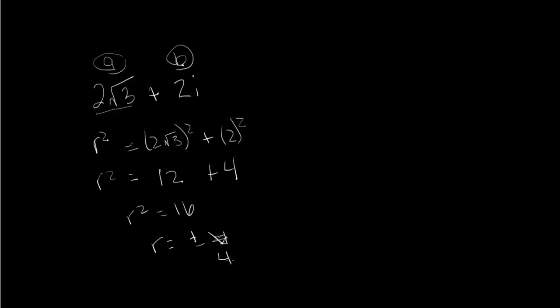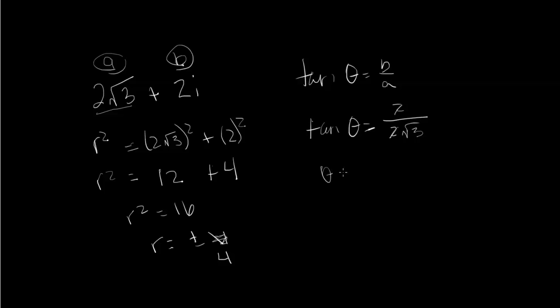And I also, using our tangent formula, tangent theta equals b over a. So tangent theta equals 2 over 2 square root of 3. Those cancel. And I'm going to divide by tangent, so it's theta equals inverse tangent of 1 over square root of 3.